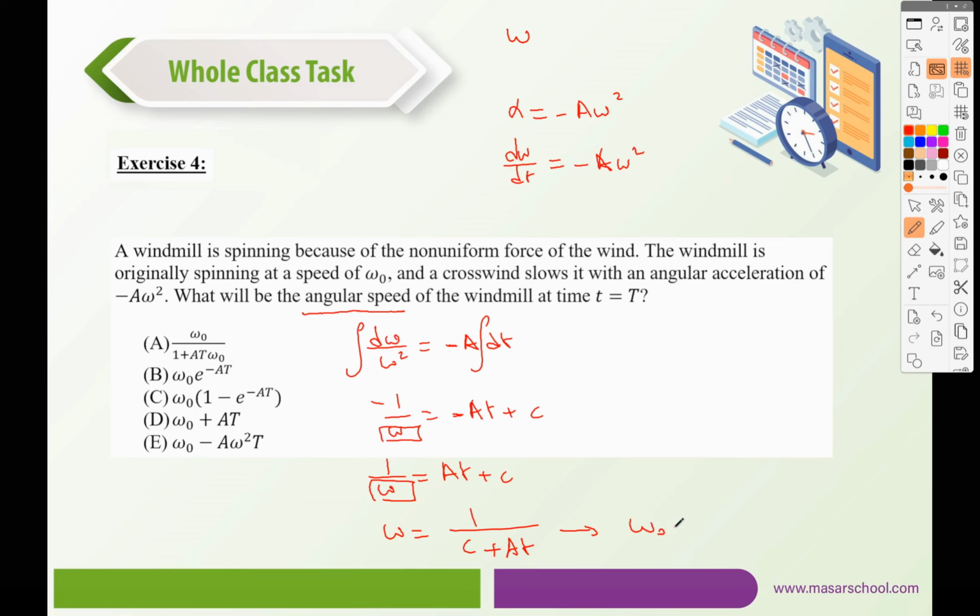That would be omega 0 is equal to 1 over the constant plus 0, which means that omega 0 is equal to 1 over c, which means that c equals 1 over omega 0. Now omega in this case is given by 1 over, 1 over omega 0 plus at.